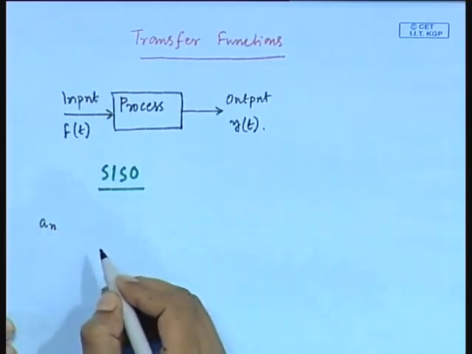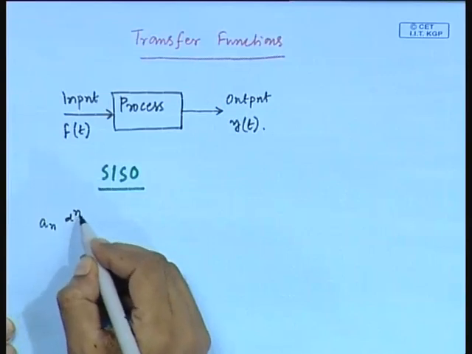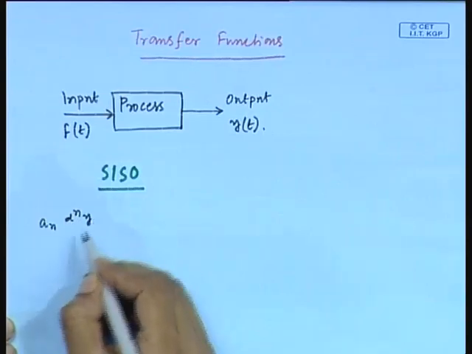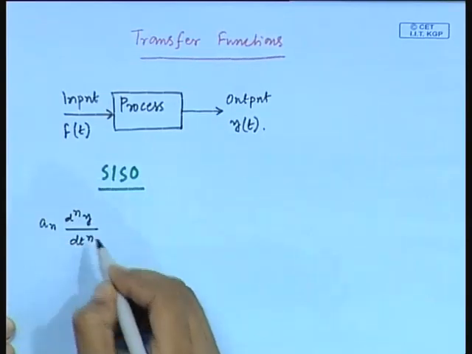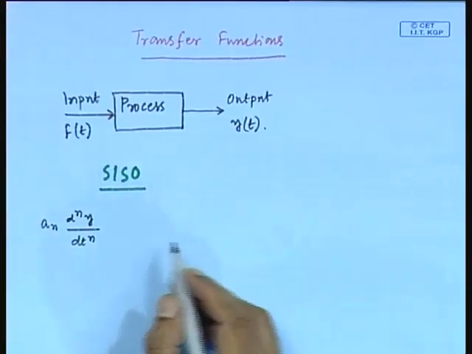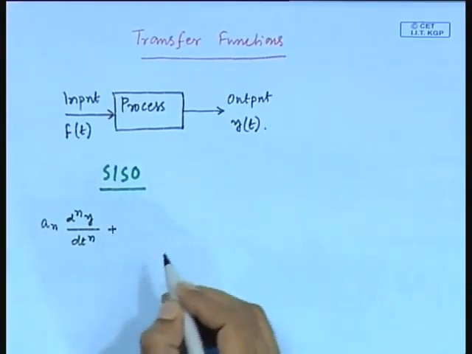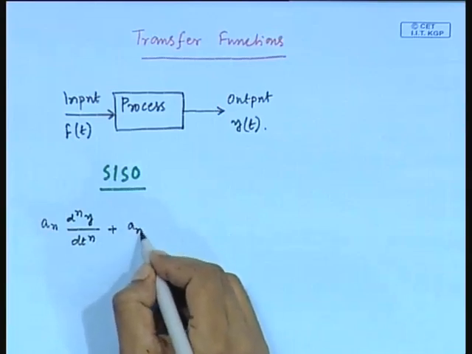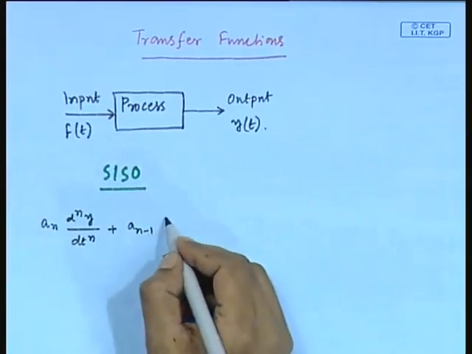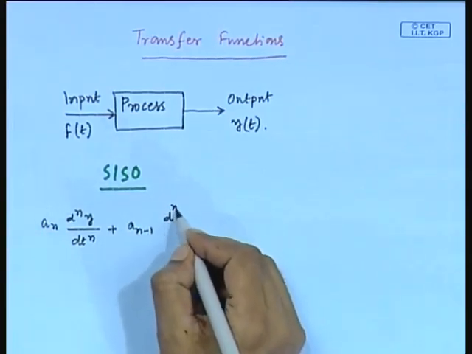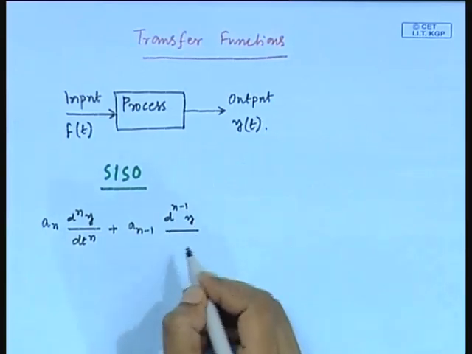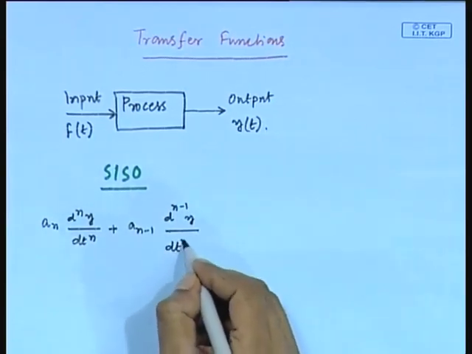A single input single output system we are representing by nth order linear or linearized equation, a_n d^n y/dt^n plus a_(n-1) d^(n-1)y/dt^(n-1).